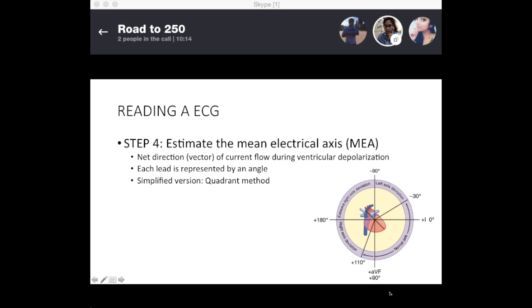And then the aVF here at the bottom would represent the vertical lead, and this parallel electrode would be placed on our foot.